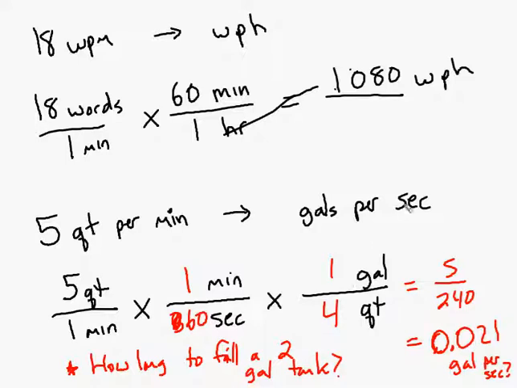Divide 2 by 0.021. And what do we get? About 95. So 95 seconds. So how long is that? That's like a minute and 35 seconds. That's not too bad. That's pretty fast. All right.